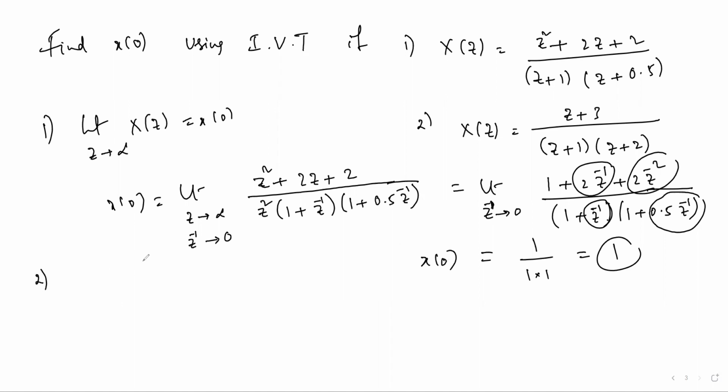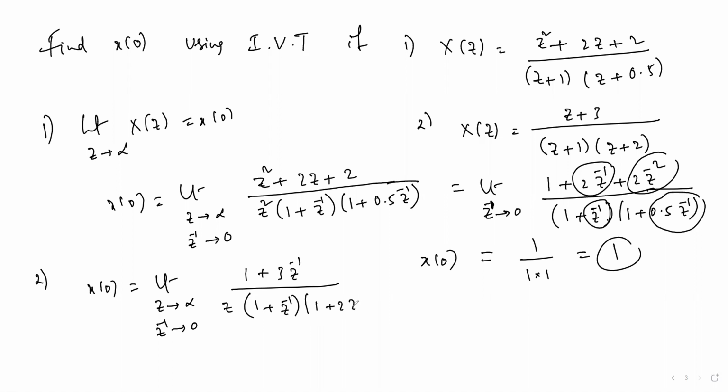Similarly, you do it for the second one. X of 0 is limit z tending to infinity or z inverse tending to 0. Here if I take z common, 1 plus 3 z inverse. Here if we take it common, z into 1 plus z inverse, 1 plus 2 z inverse.